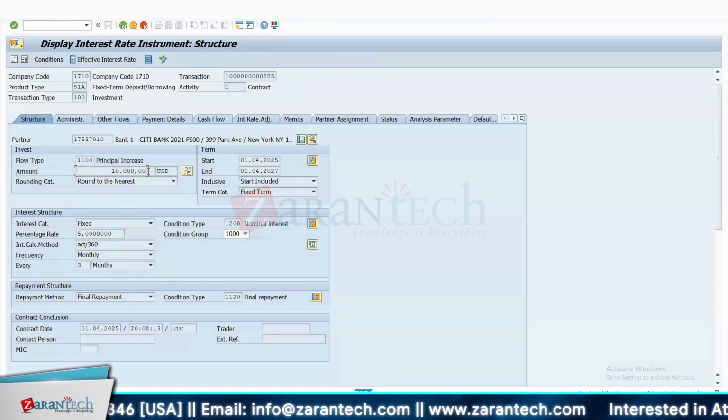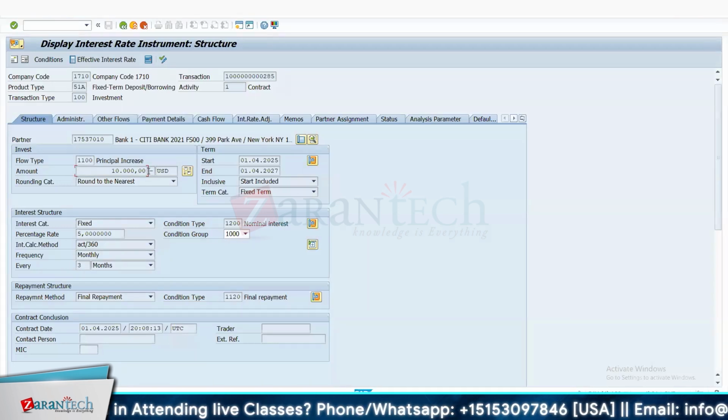Similarly for treasury, there is something like a deal that you create. When you say deal, you are making a deal with your partner. In such cases, a lot of stuff in the deal can be automated based on the data that you fill in the master data. Like for example, when I'm going to create a vendor invoice, let's say I'm going to use MB60.